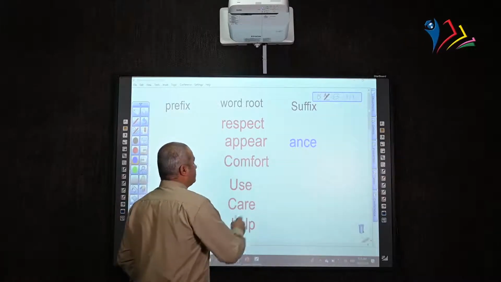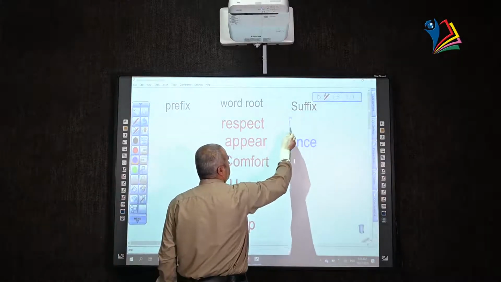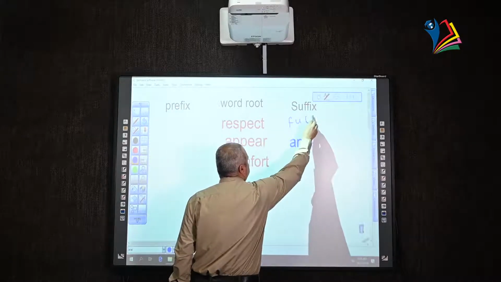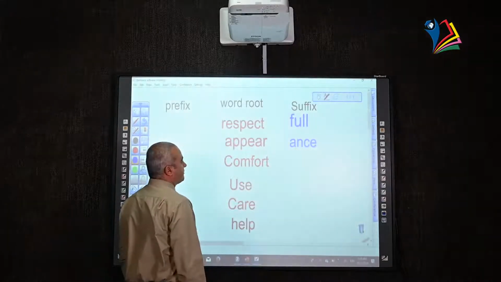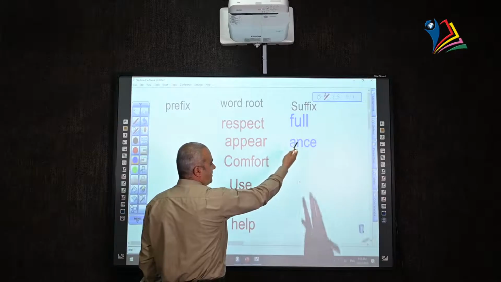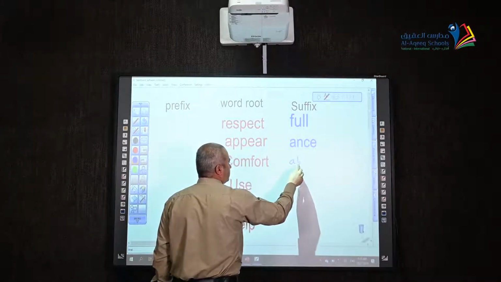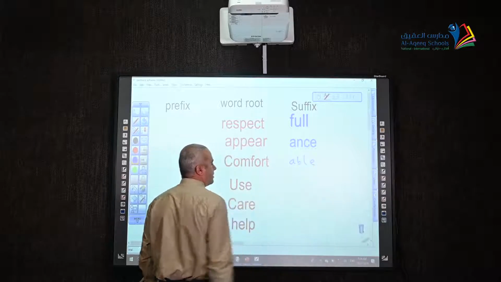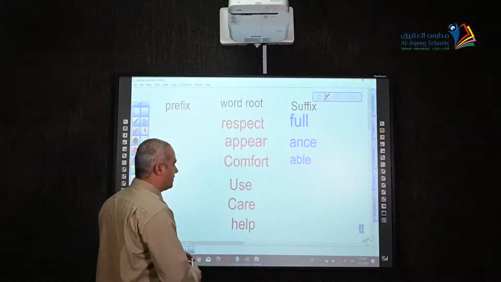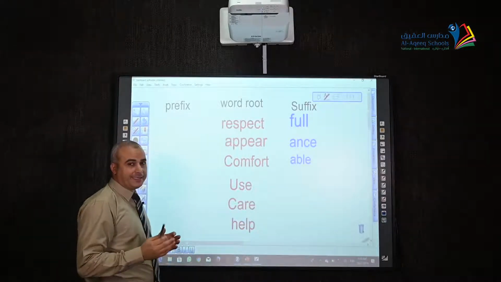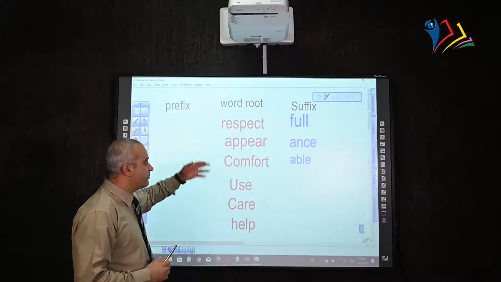To respect, we can add the suffix full. Appear, appearance. Comfort, able, comfortable. Okay, we can add negative prefixes to these word roots.